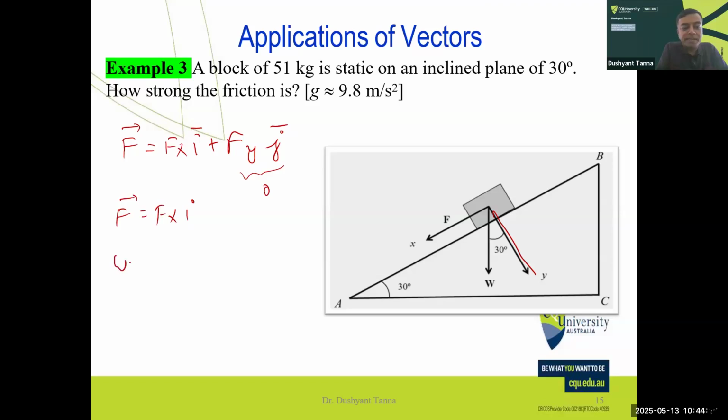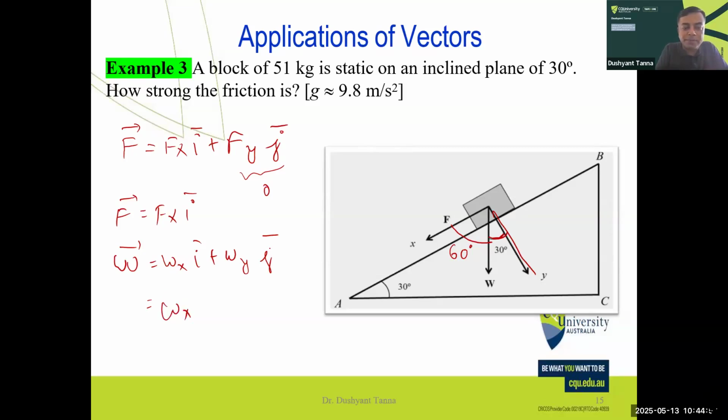Now the weight is something. Remember, we always measure with the x-axis. So if it is making 30° with the y, what is the angle it makes with the x? That is 60°. So here, I will say Wx i plus Wy j, which is W r cos theta.